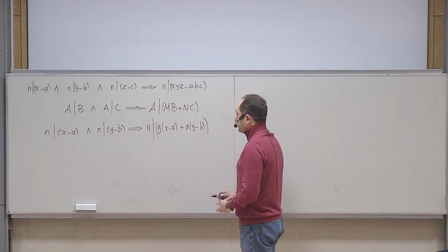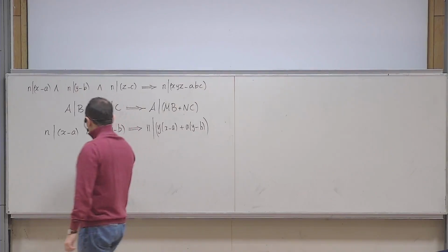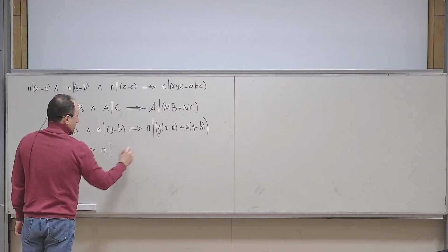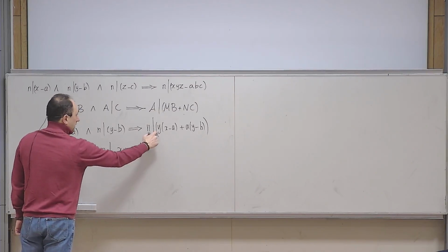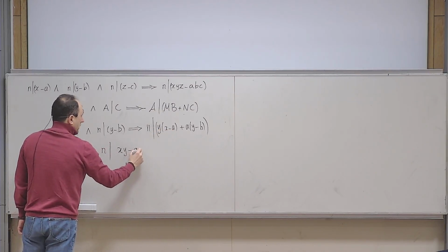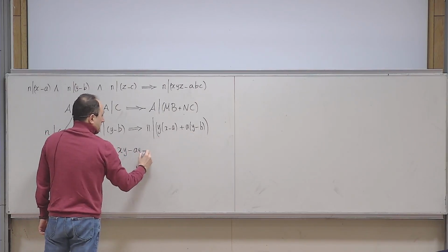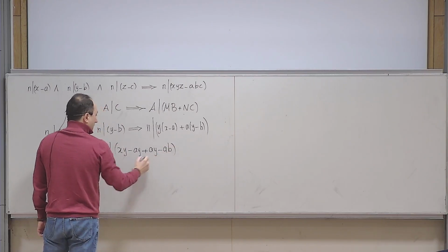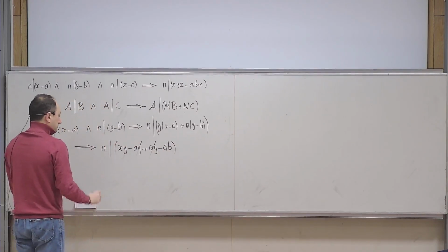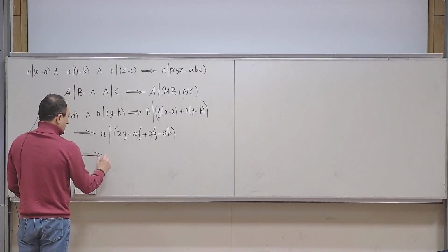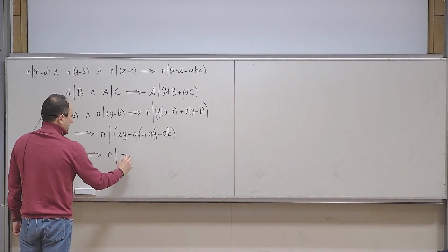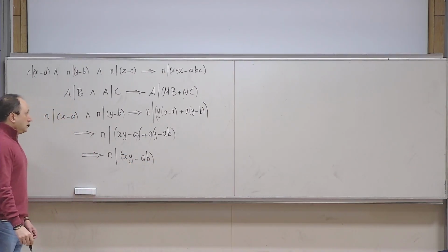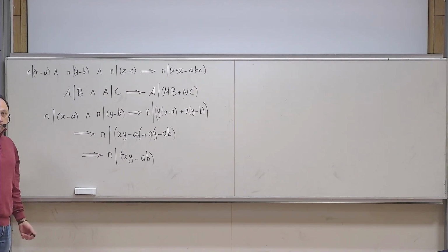Okay, so then if you open this up, what happens is that n divides, I multiply this in, so it becomes xy minus ya, then I multiply that, it becomes plus ay minus ab. And then you see that this and that cancel. What I can conclude is that n divides xy minus ab. But I want to go one step further.